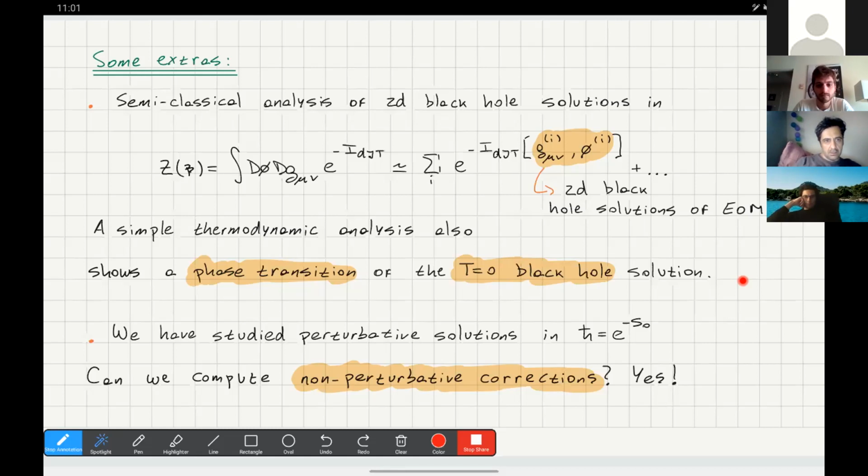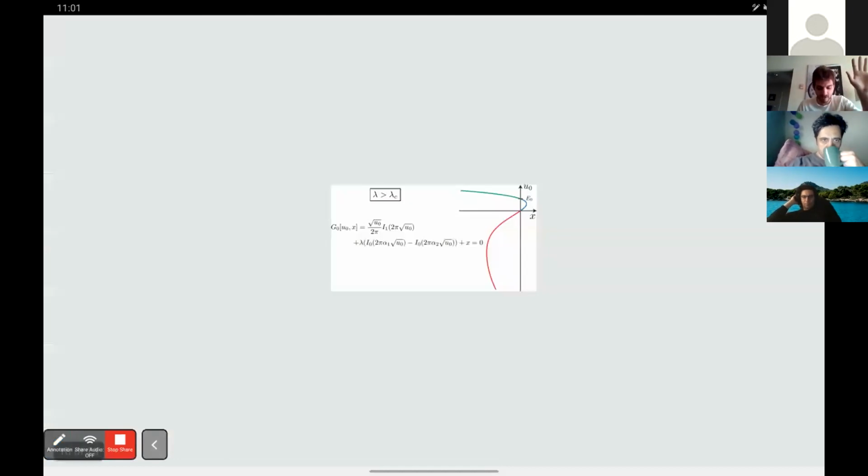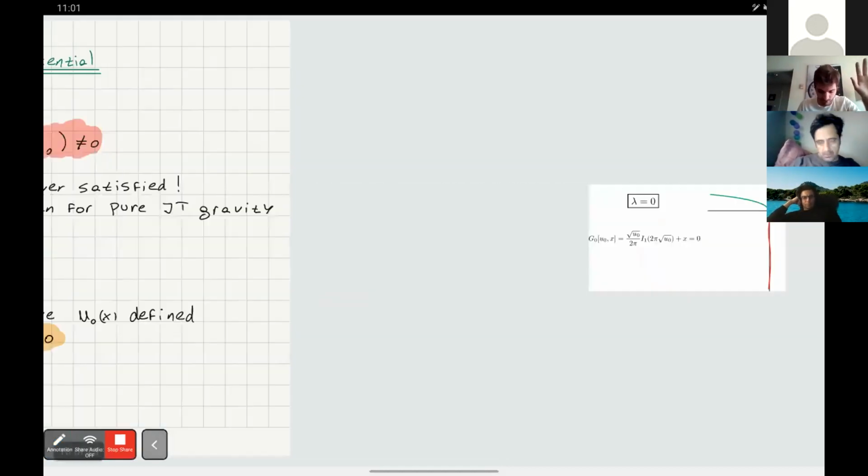Okay, Alan? Can you say something very quickly about the non-perturbative corrections? Yes, so there's actually an old story on this. For this Hermitian random matrix model, if you start computing non-perturbative corrections, note that non-perturbative corrections might seem like very high-end stuff, but it's not.